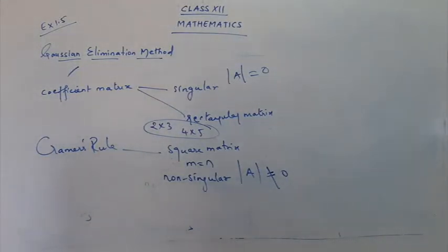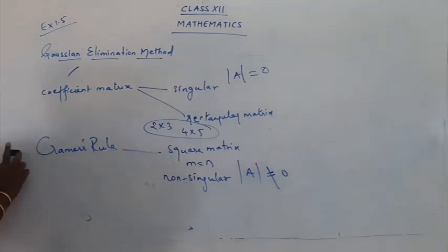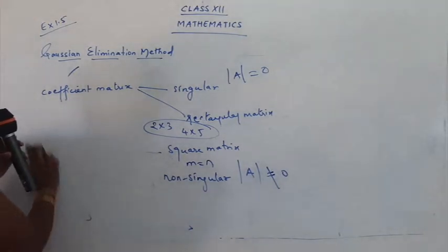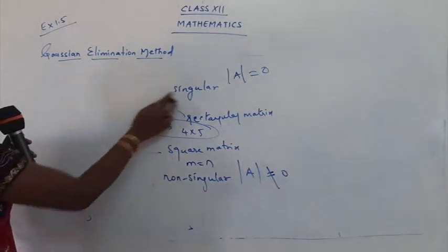Rectangular matrix: the number of rows and columns may not be equal. For Cramer's rule, the matrix must be a square matrix, with the number of rows and columns equal, and it should be a non-singular matrix, that is, determinant of A should not be equal to 0. So remember all these rules. Whenever you go for any exercise, go through the points given for it so that you get a clear idea about that particular method.